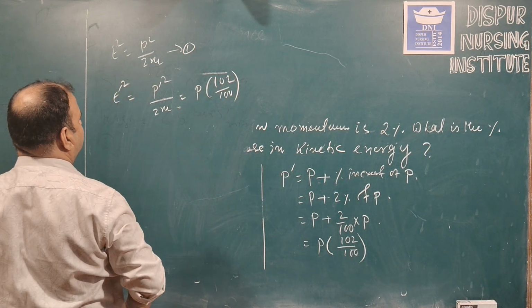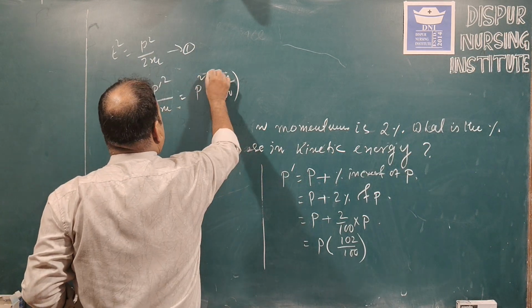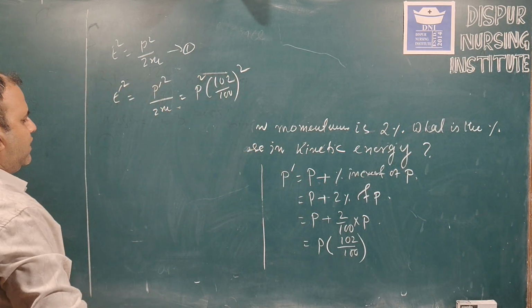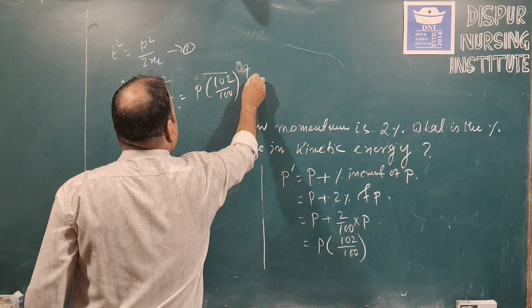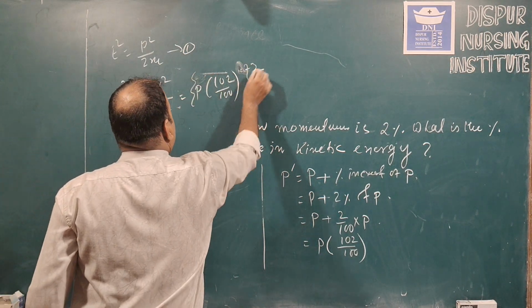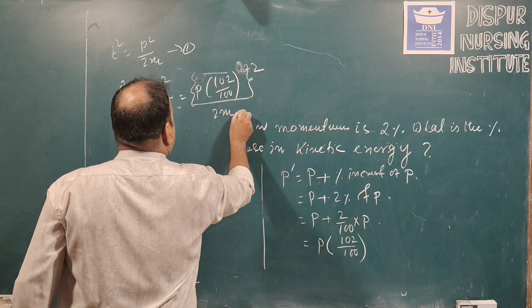So instead of E, we can write it this way: the value of P dash whole square divided by twice M.